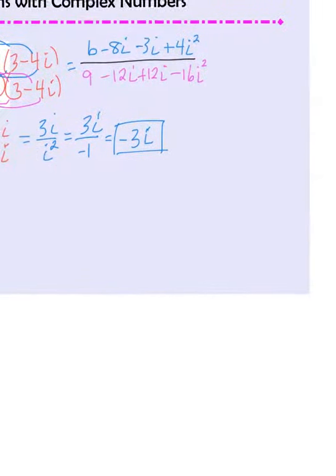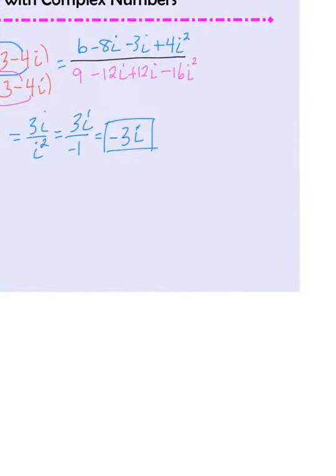Then this gives us equals. So remember the I squared is a negative 1 times the 4 makes it a negative 4. So I'm going to turn this into a negative 4 so that when I do 6 minus 4, you understand where I got the 2 from.